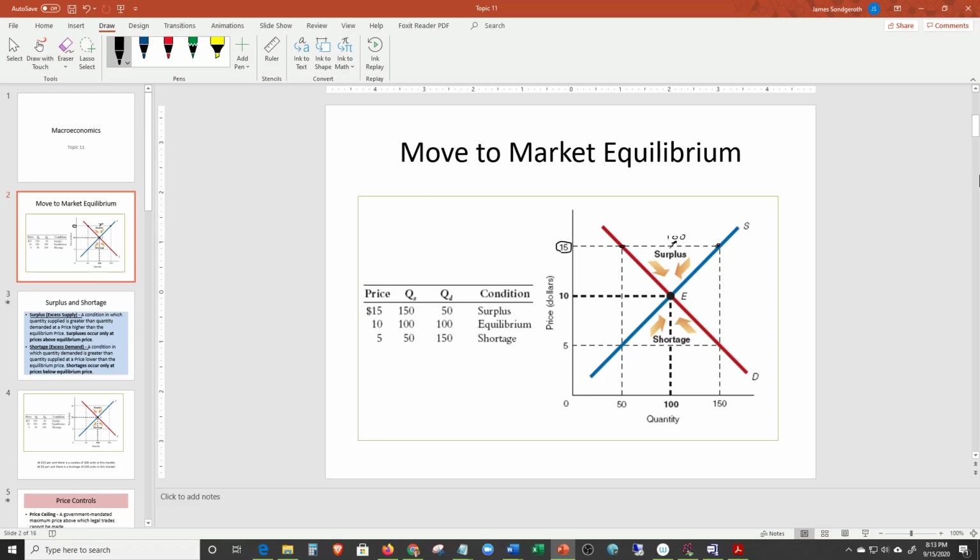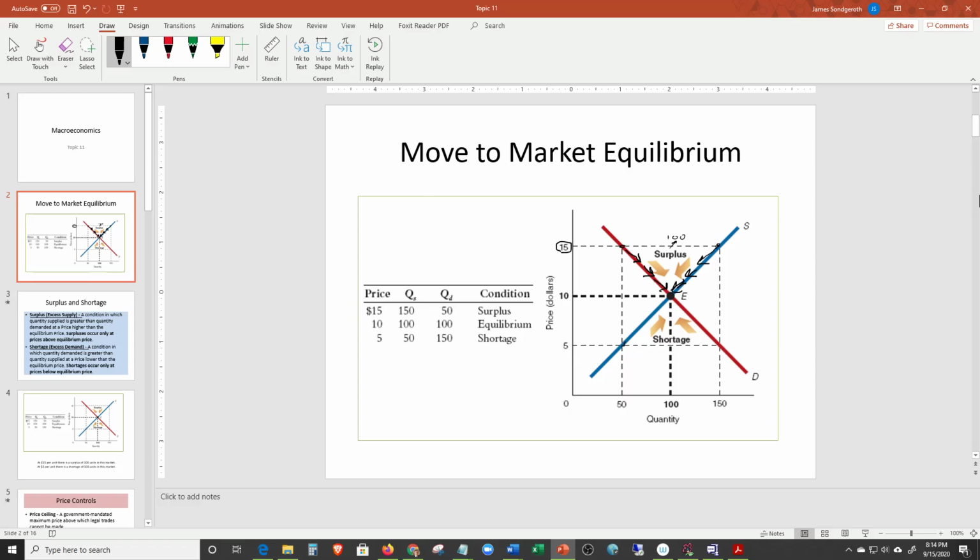And sellers have the incentive to start cutting price and reducing output. As they cut price, buyers will buy more, and this movement, cutting output and cutting prices on the seller side, and buying more as the prices are cut on the buyer side, will continue until we get back to equilibrium.